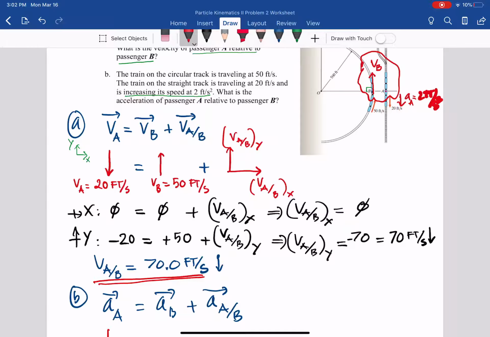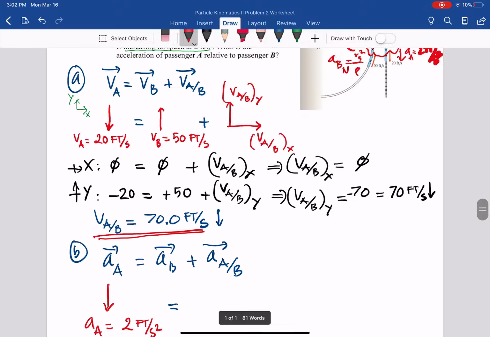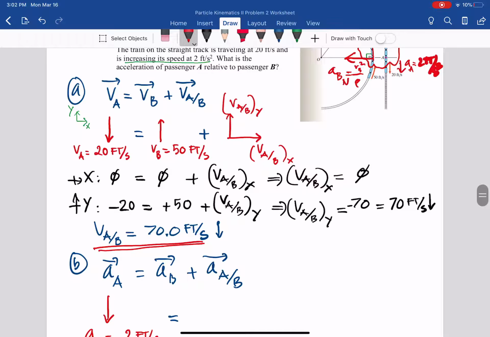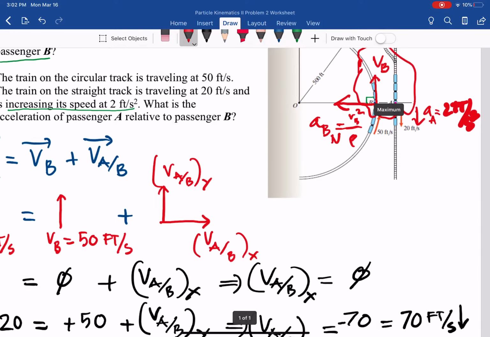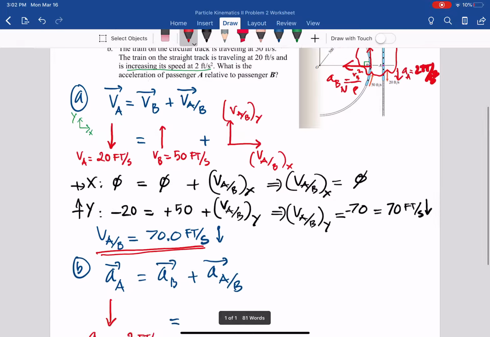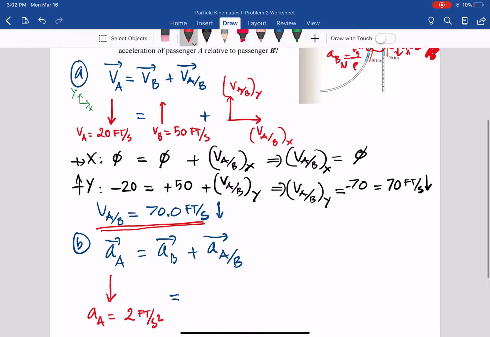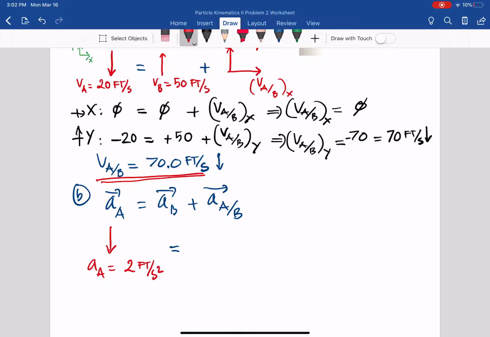The normal component here of train B, as you can see, is the normal component of A_B, and that equals v_B squared over rho, if you recall that, right? So it will be horizontal, directed to the left. So I can have the equation here.